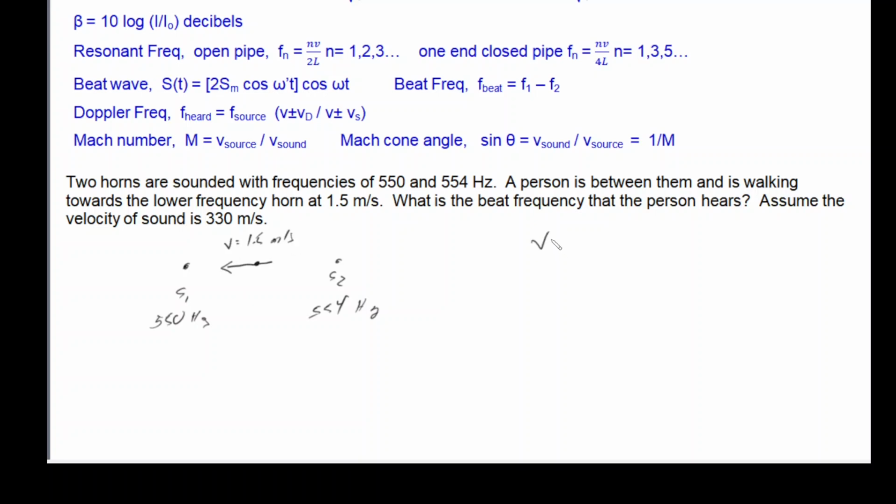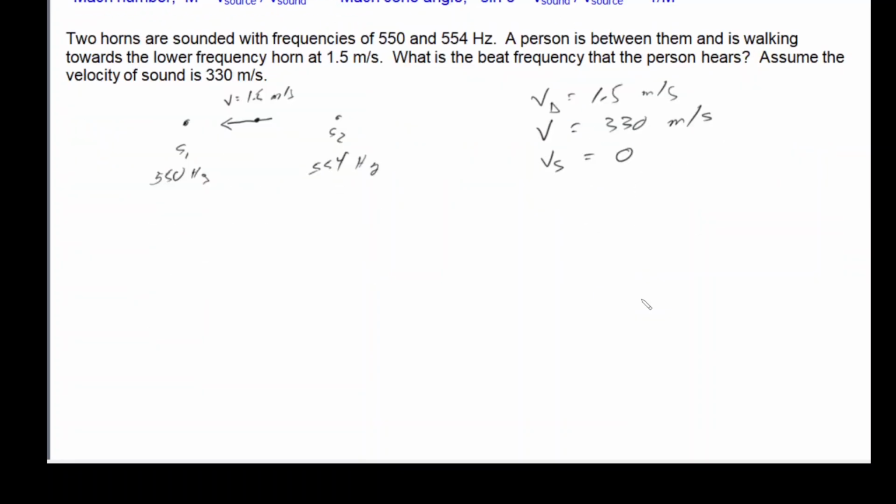So the velocity of our person or detector is 1.5 meters per second. The velocity of sound is 330 meters per second. And the velocity of our sources is 0. So let's set this up.